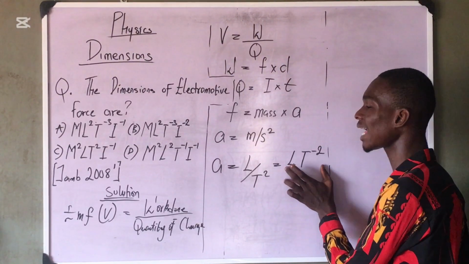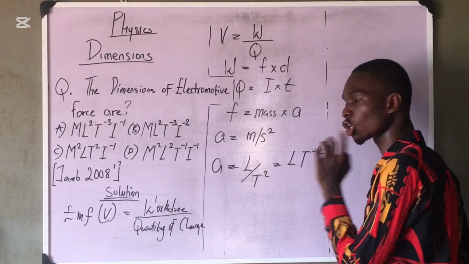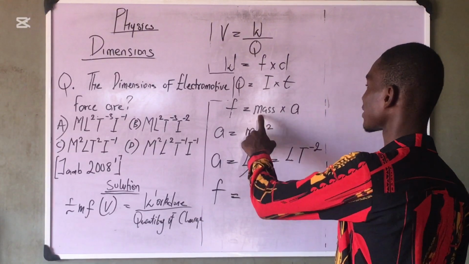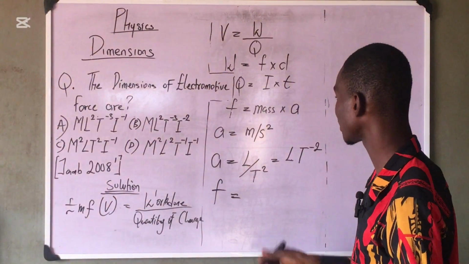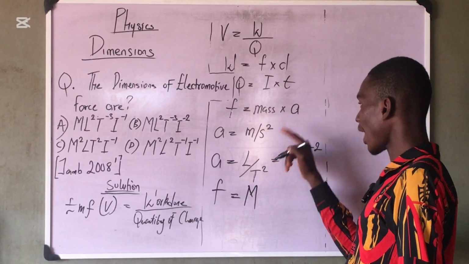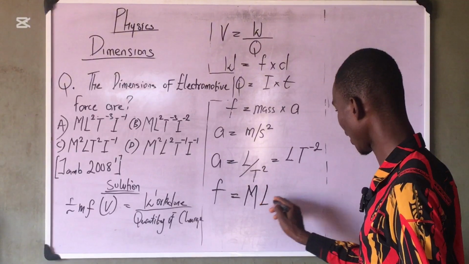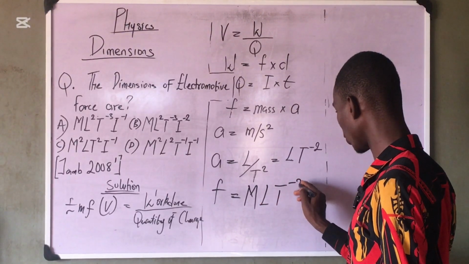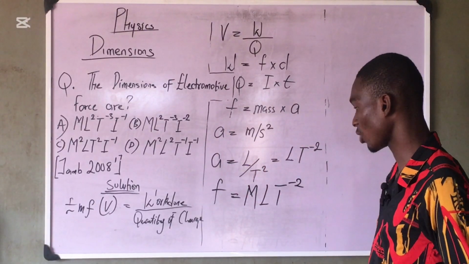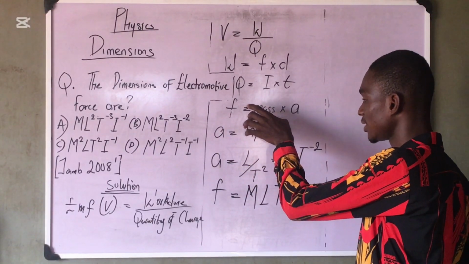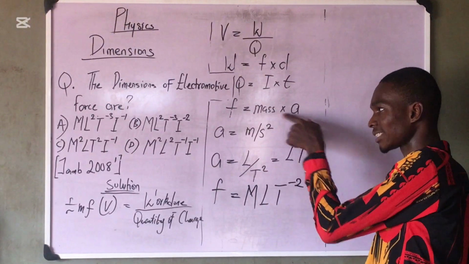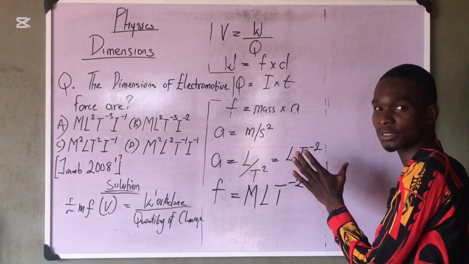Now, since I've gotten this as my dimension of acceleration, I will have my force to be equal to mass, where the dimension of mass is M, and the dimension of acceleration is L T raised to power minus 2, as the dimension of force. You get what I mean? When you have mass times the dimension of acceleration, I will have this in multiplication.